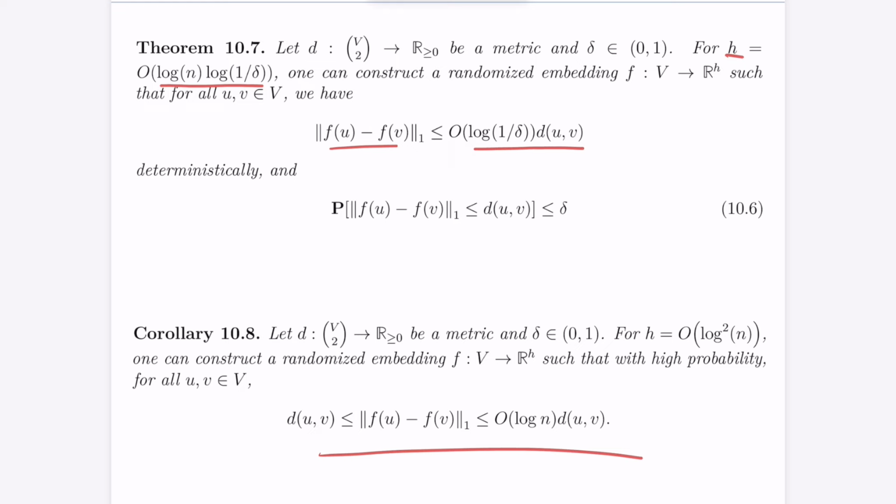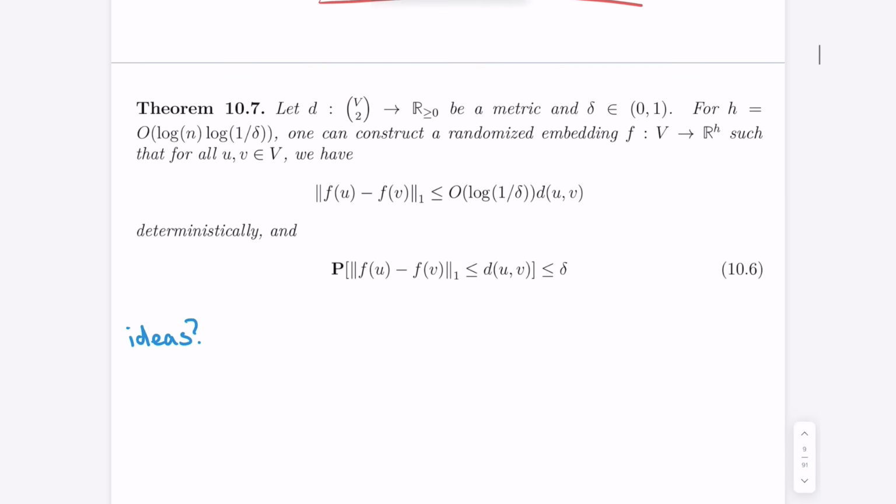So all I'm really saying is that one of these inequalities actually holds deterministically, always. And it's actually this one that we'll really focus on. The top form is what we'll directly prove, and then you just plug in delta equal to 1 over n. So let's do that.